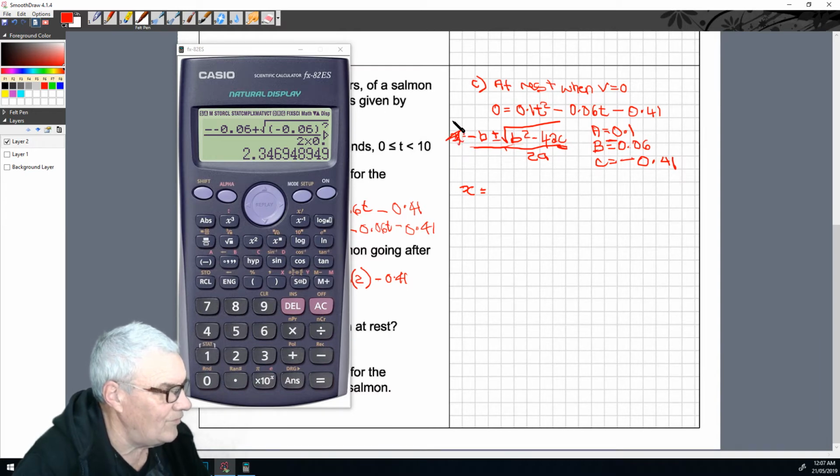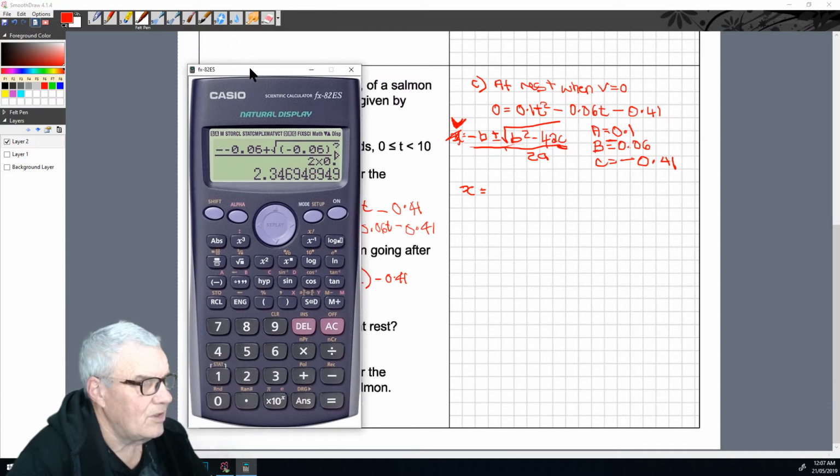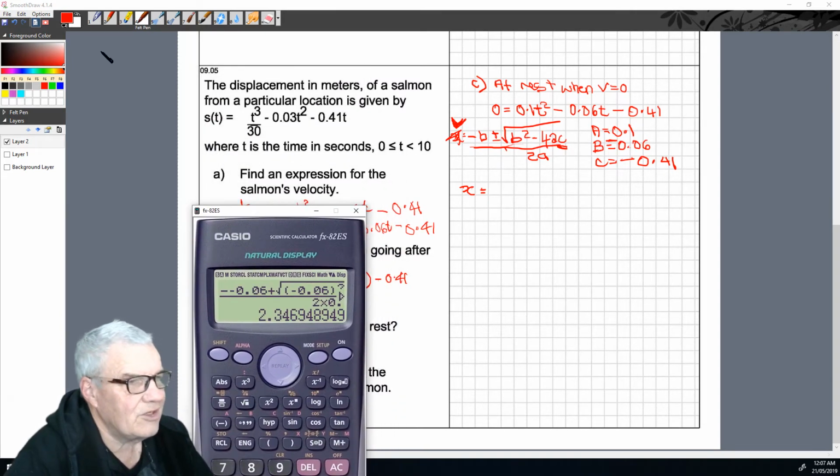It should be v. The velocity. No, what is that? Hang on. Oh, that's t that we're calculating there.